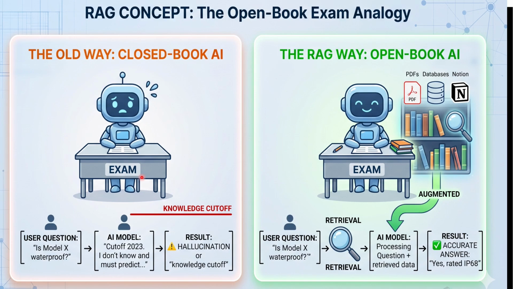So now, if you're asking the LLM about some recent events or recent concepts, AI will not be able to give a proper answer. It might hallucinate, because there is a cutoff for its knowledge.